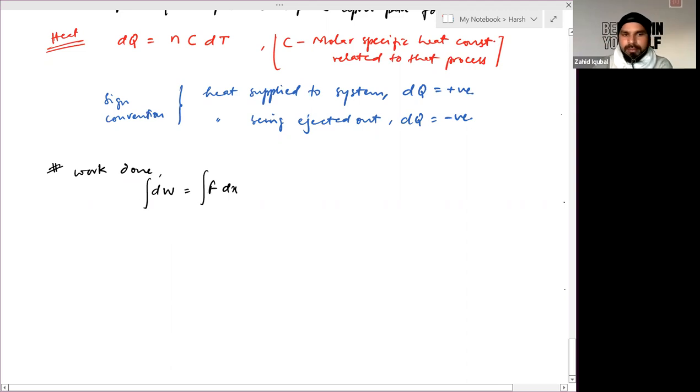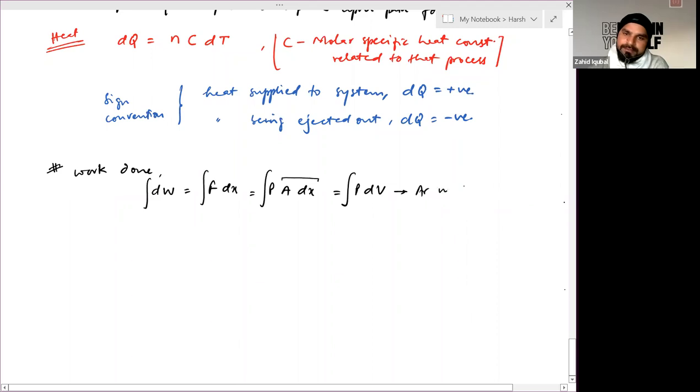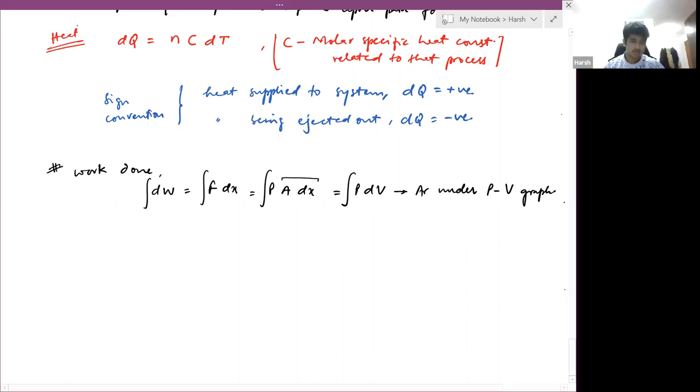Now in place of force, we may write pressure multiplied by area, times dx. This particular quantity A dx is also called the change in volume. So it will be the integral of P dV. In terms of a graph, it will define the area under the pressure-volume graph. Is it clear? Yes, sir.